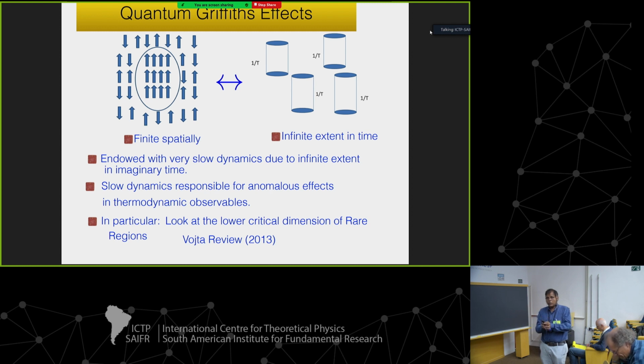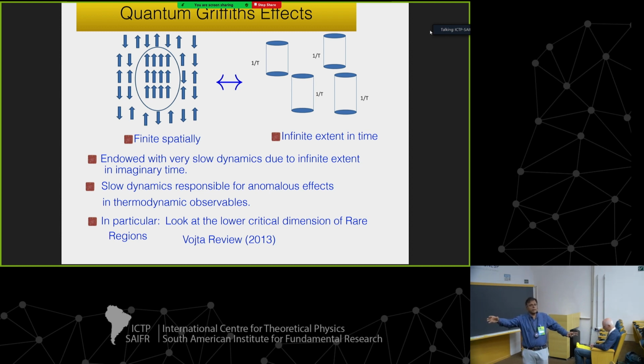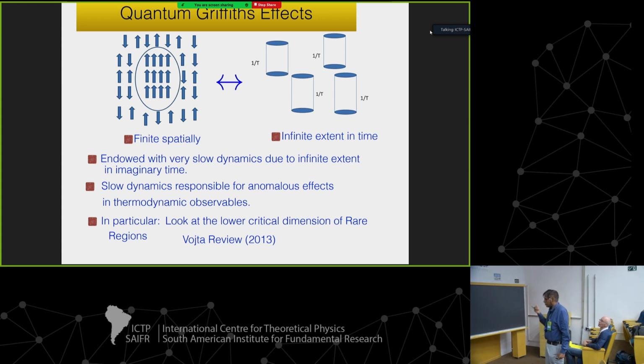If you think in terms of magnets, you can think of locally ordered magnetic regions in a bulk which is completely disordered. And it's the dynamics of these rare regions that actually produces these Griffiths effects, or these non-universal dynamical exponents, for instance.